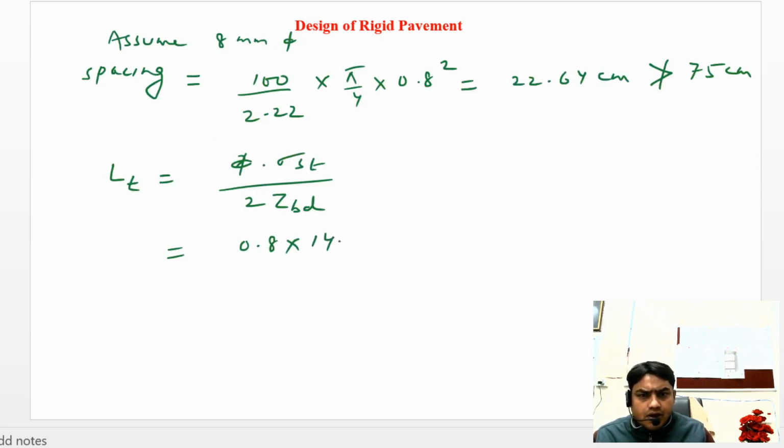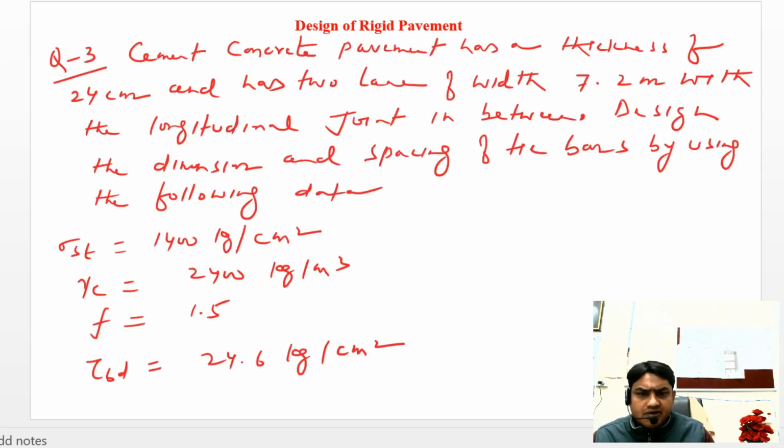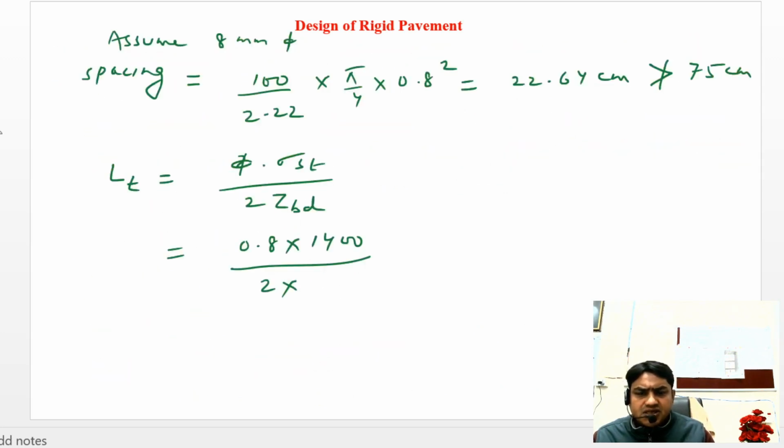So 1400 kg per centimeter square divided by 2 into allowable bond stress in the concrete, which is given in the question, 24.6 kg per centimeter square. So this value is 0.8 into 1400 divided by 2 into 24.6.